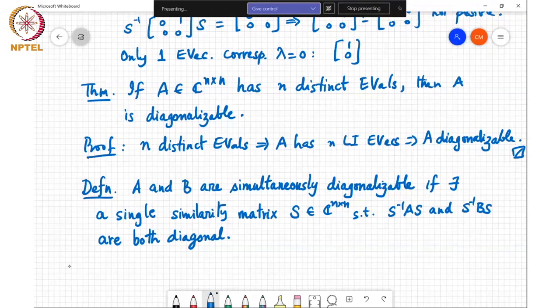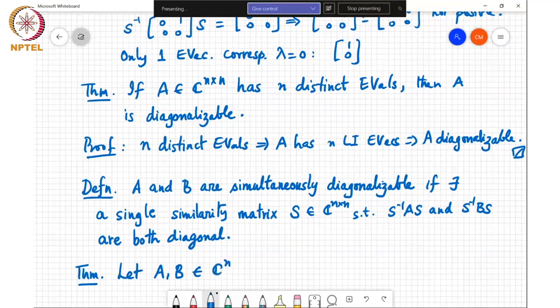So here is one result which I won't prove, but it's nonetheless true. Let A and B be n cross n matrices, and suppose these two matrices are diagonalizable.